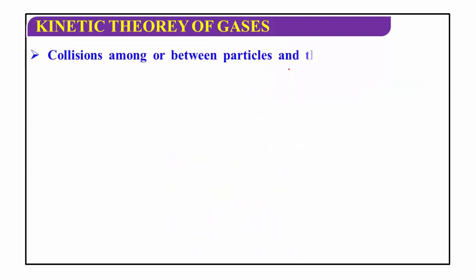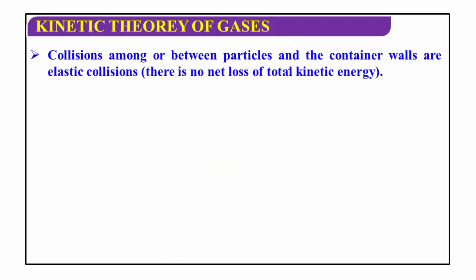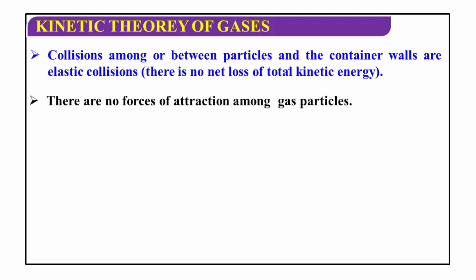The next assumption is that collisions between the particles and container walls are elastic collisions. There is no loss of kinetic energy during the collision, and no force of attraction among the gas particles.